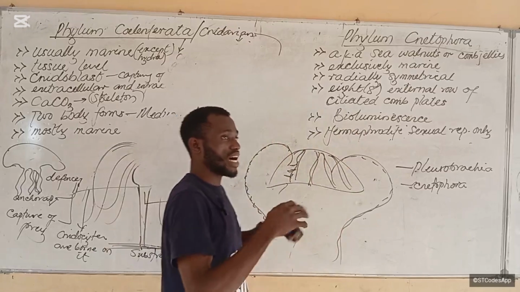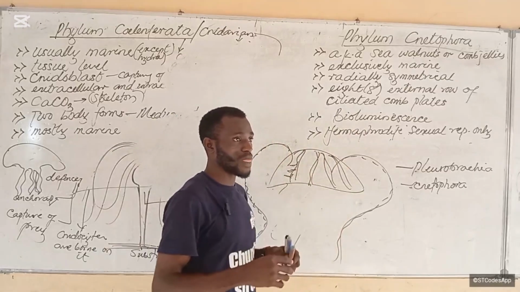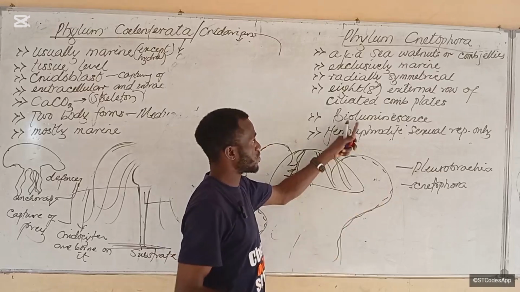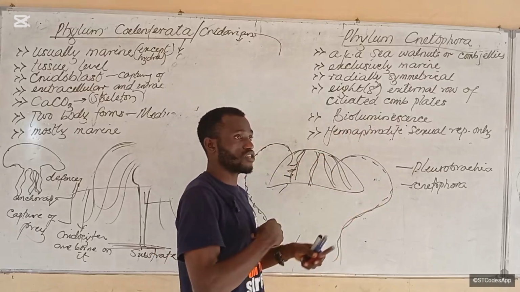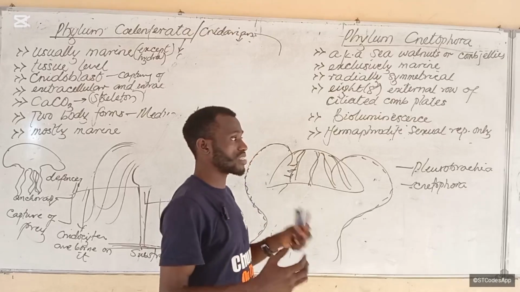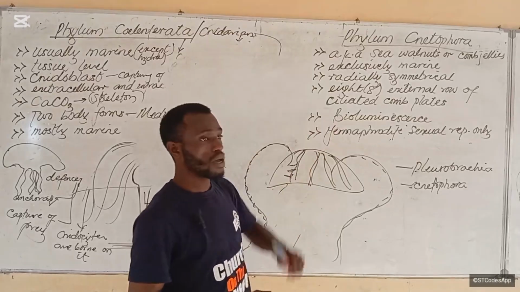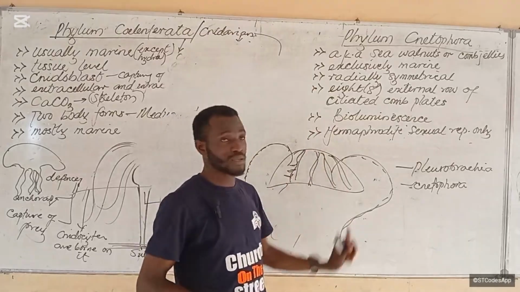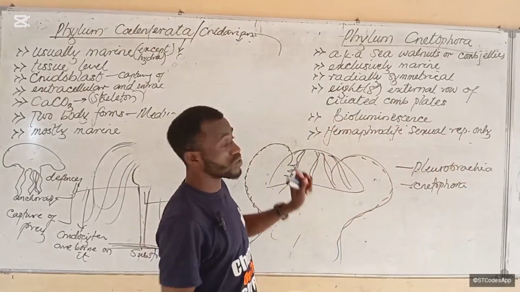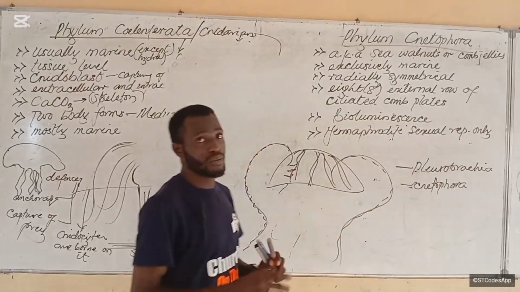They are able to emit light. Bioluminescence is bio, that is life, luminescence, that is shining like light. So that is a phenomenon where a living organism emits light. They are hermaphrodite, but only show what? Sexual reproduction. They opt for only sexual reproduction, even though they are hermaphrodite.